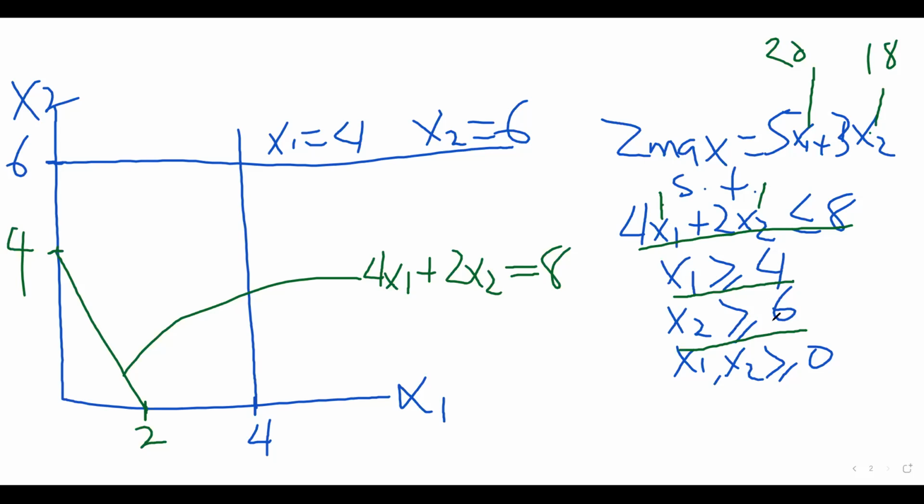And then if you drop the second one, which is 6, into this one, you get 2 times 6, which is 12. So you have 12 plus 16, which is supposed to be less than or equal to 8. Now 16 plus 12 is already 28. 28 is not less than or equal to 8. So that constraint is not satisfied. And as long as a constraint is not feasible, it makes the whole scenario wrong. So we have an infeasibility.